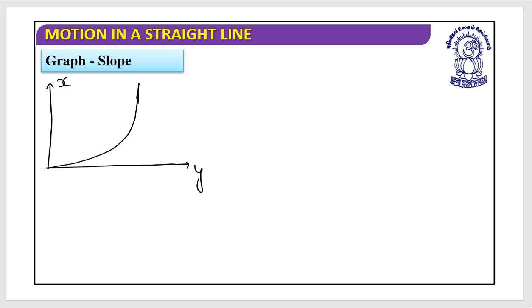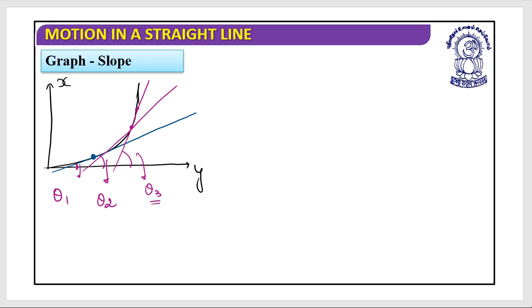Let's select this as one point and make a tangent over here. This is the first situation. Now let's take some more points and make tangents. This is the second point, and one more point over here is the third situation. The first angle here is theta 1, this is theta 2, and this is theta 3.